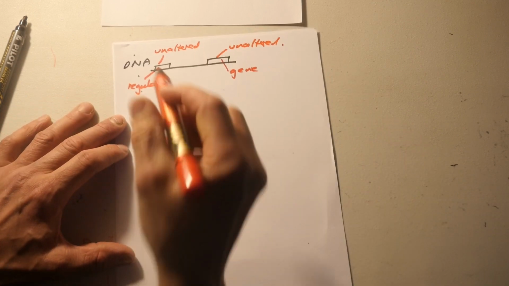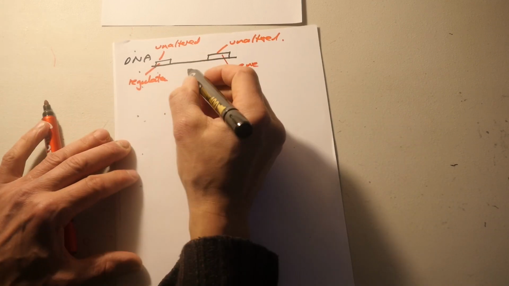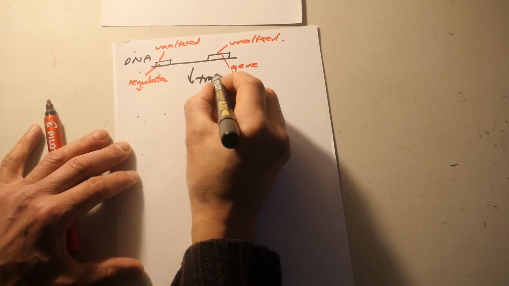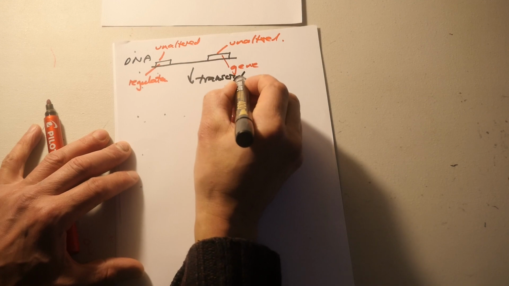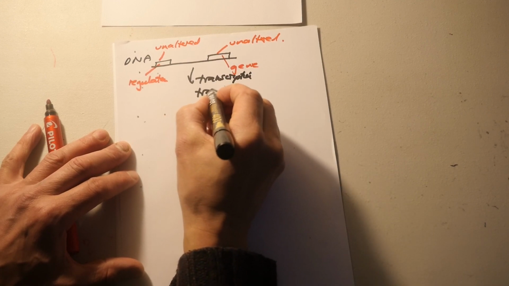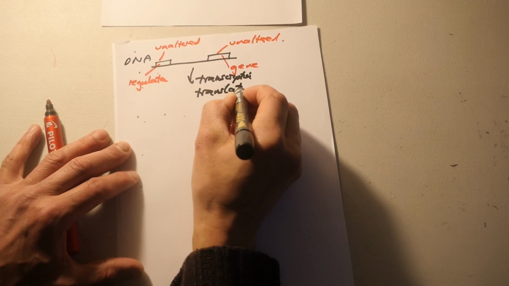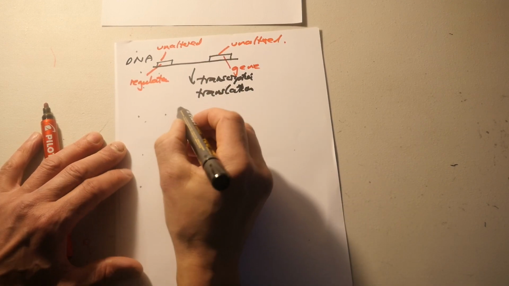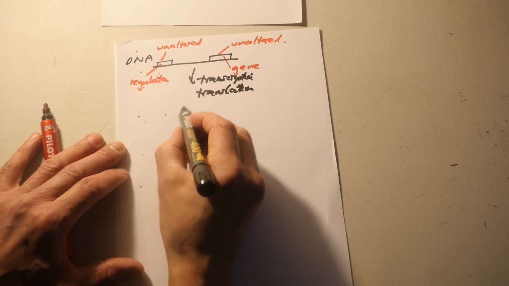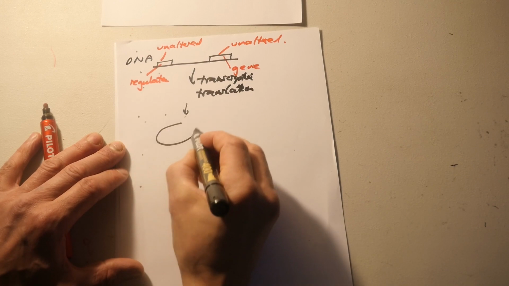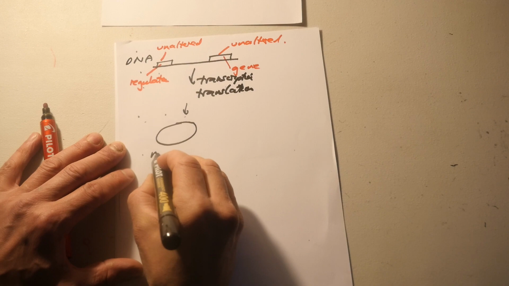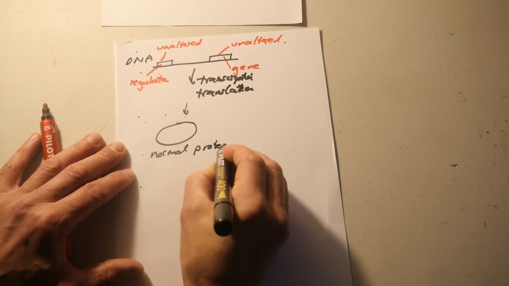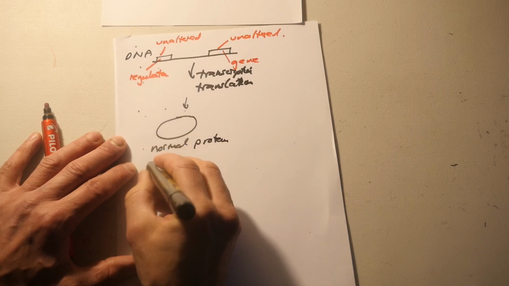This then leads to transcription and translation. Okay, so this leads to a normal protein, and a normal phenotype.